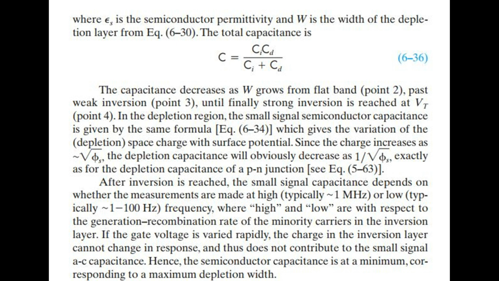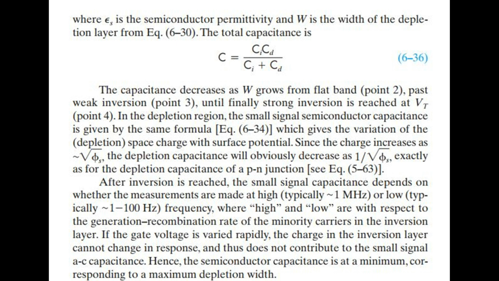In the depletion region, the small signal semiconductor capacitance is given by the same formula EQ 634, which gives the variation of the depletion space charge with surface potential. Since the charge increases as √ψs, the depletion capacitance will obviously decrease as 1/√ψs, exactly as for the depletion capacitance of a PN junction, EQ 563.